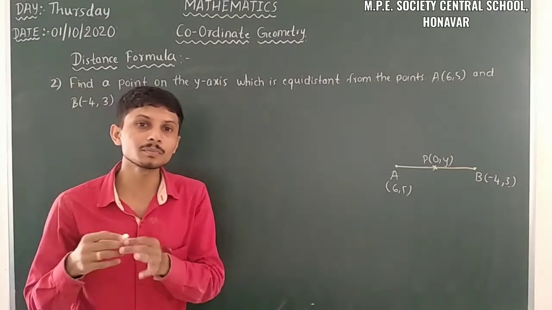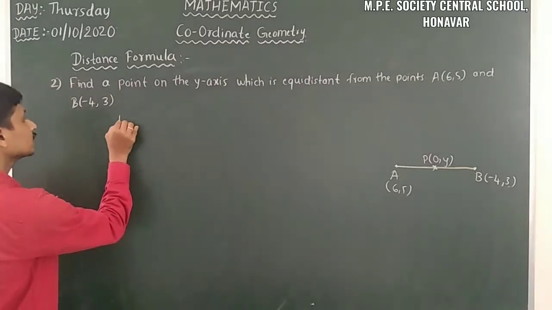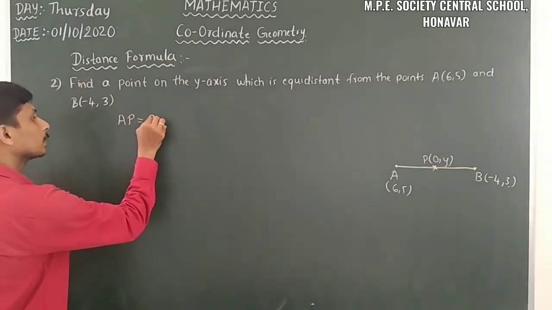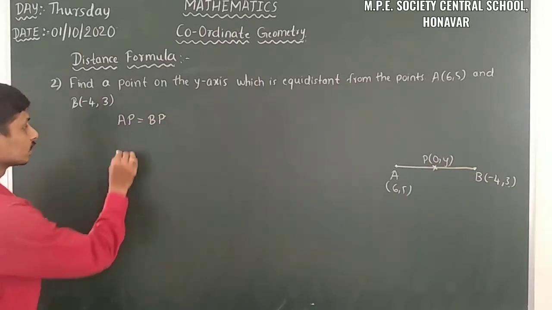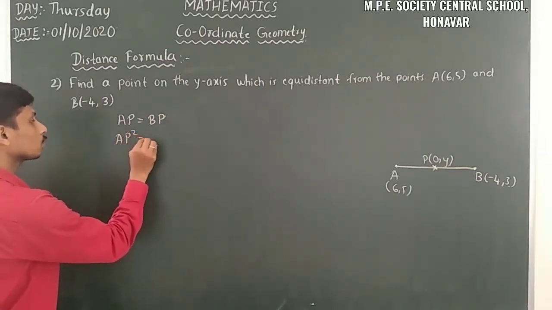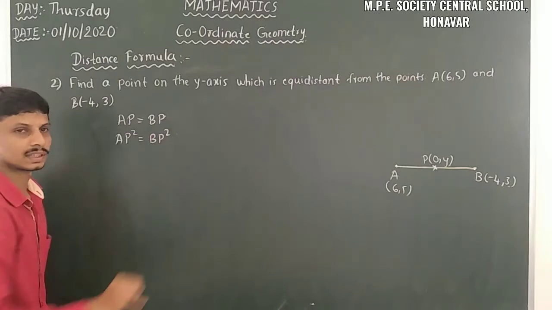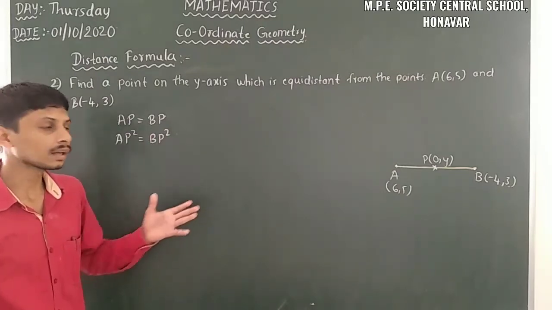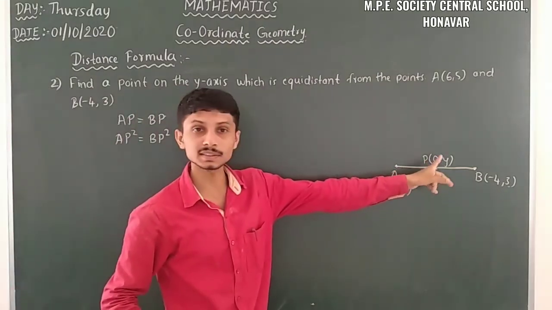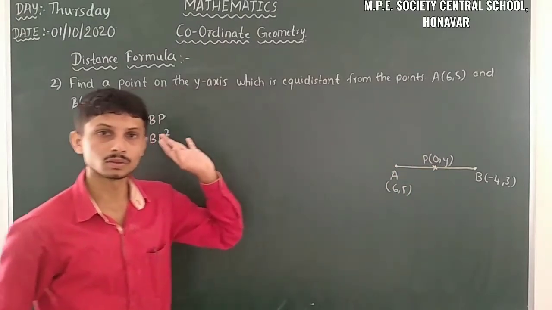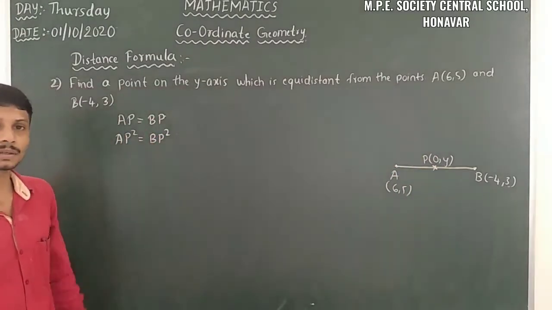So let us take the same procedure here, that is AP is equal to BP, then AP square is equal to BP square. Same, but here only the coordinates change: the x coordinate of the point is 0. Let us take AP square and BP square.